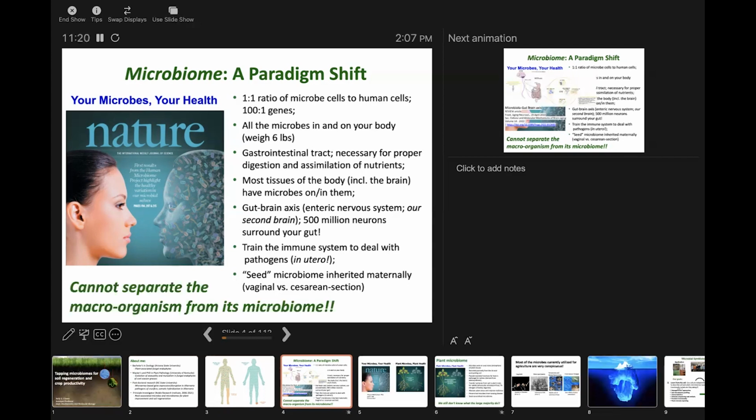So my point being here is that they have different roles. They train your immune system in utero. If a baby is born vaginally, it has one type of microbiome. If it's born by a C-section, it has a completely different microbiome. Some of those microbes it's missing are to train the immune system against things like asthma, right?